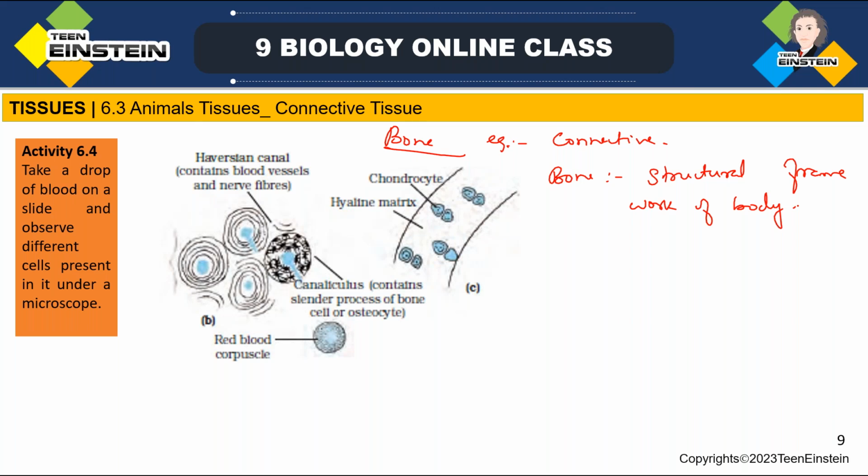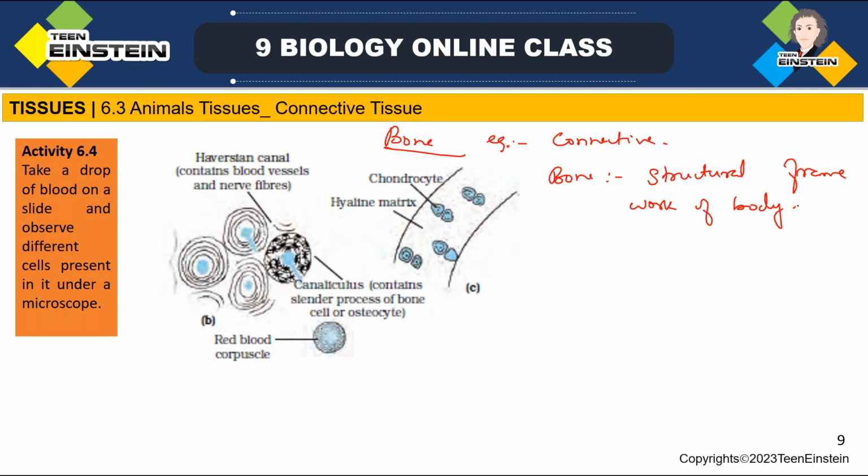If a cloth you're keeping on a hanger, you can see it in a specific shape. If you remove the hanger, how will it be? It will fall down without any shape. There won't be any specific structure. Like that, our body is having a shape because of this bone.